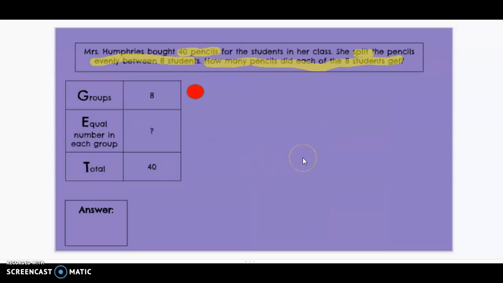So here I am back to my problem. Okay, we're going to be dividing. What are we dividing? We only have 8 and 40.